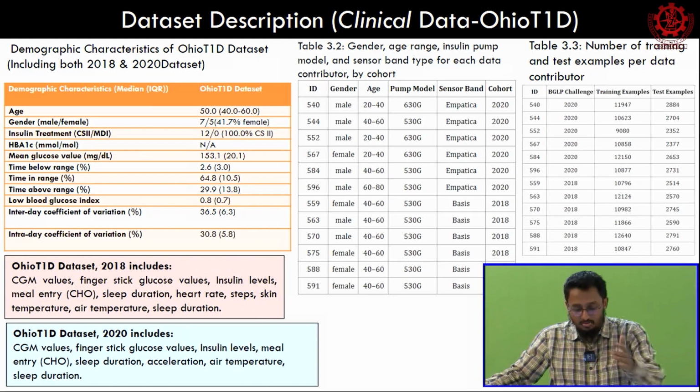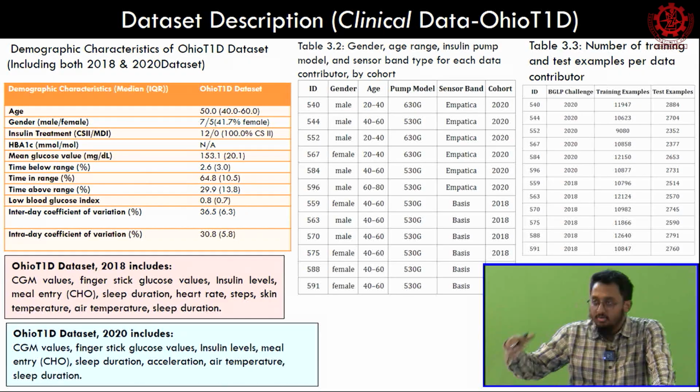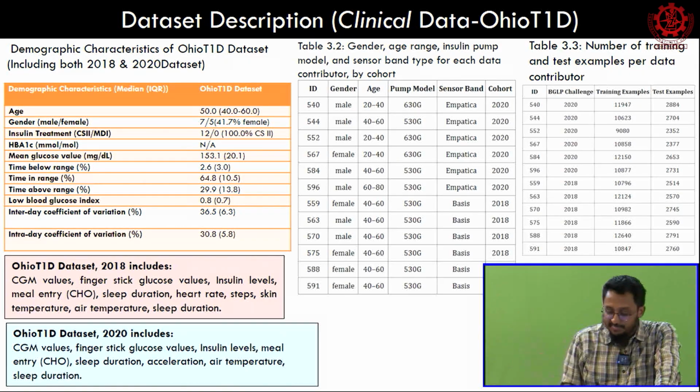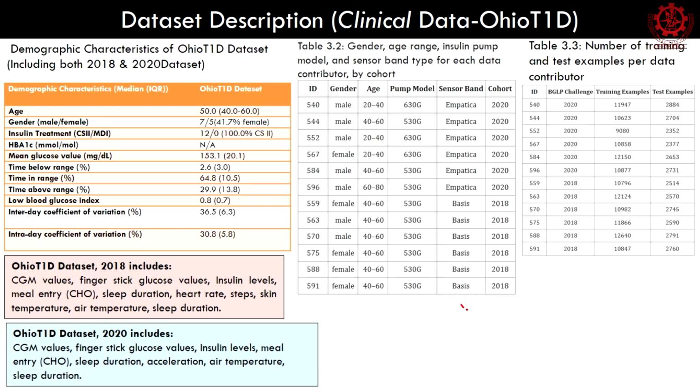If you work in this domain of glucose forecasting, you require data obviously, and there are two types of data. One is the most popular one. Nowadays there is a lot of data available. This one is called the Ohio type 1 diabetes data set.